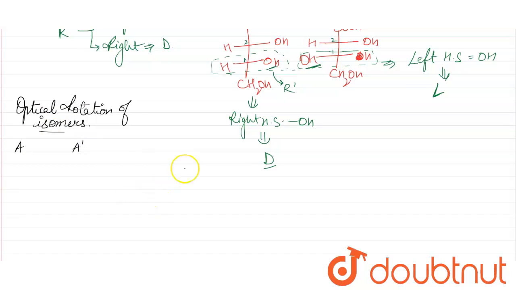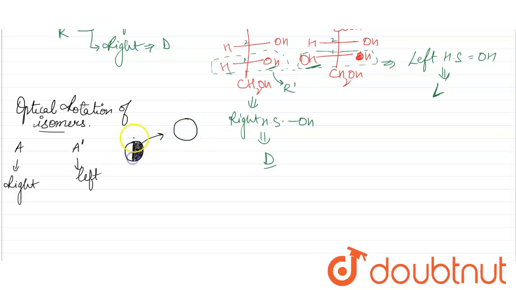These are the same compound but different isomers, so I put a dash. This one rotates the angle towards the right side, and this one rotates it towards the left side. We have an instrument which shows the angle like this, one half light and one half dark, and we have to see the deviation.